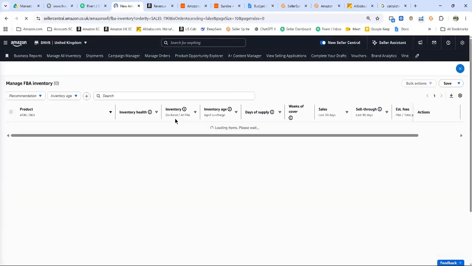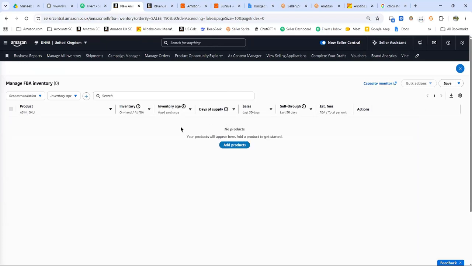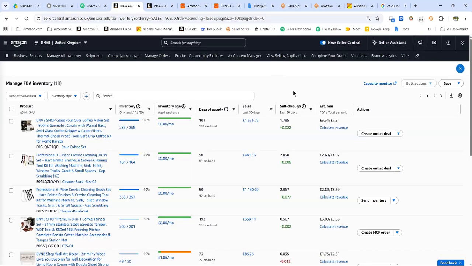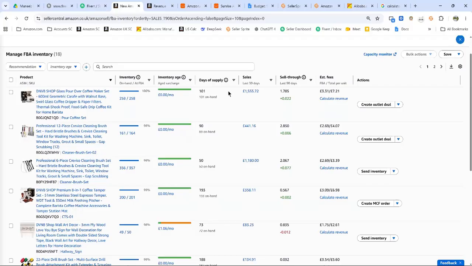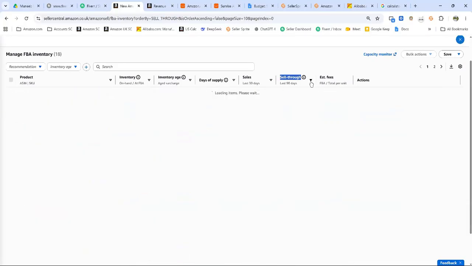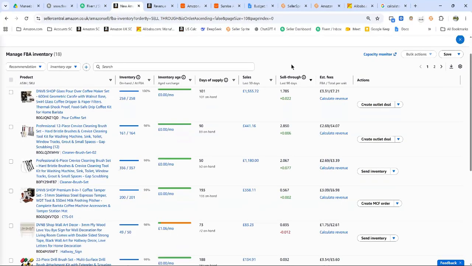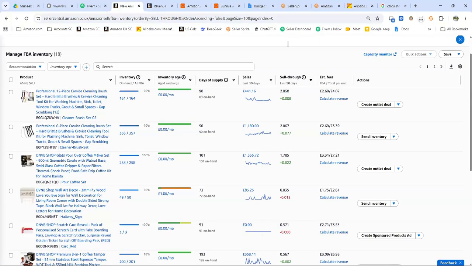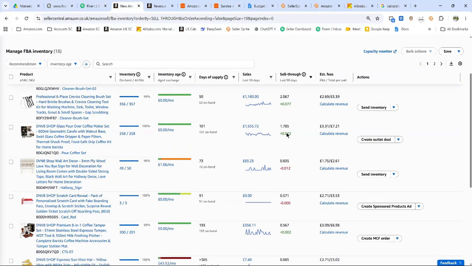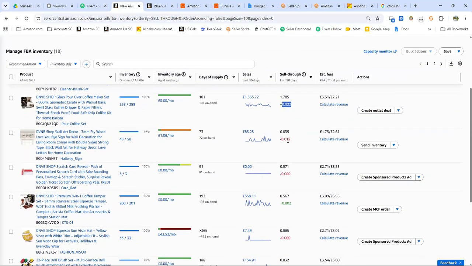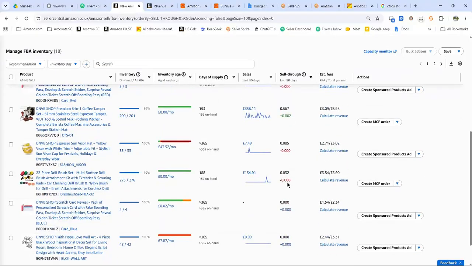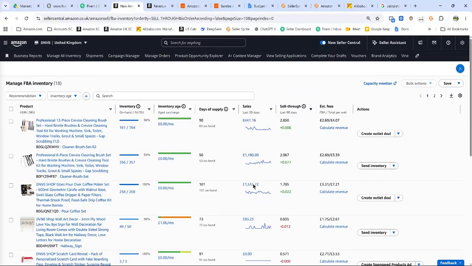Here in the inventory, as you can see, there is an option called sell through. If the sell through is positive, in green, it means you are not being charged extra storage fee. But if it's red, then your storage fee will increase.